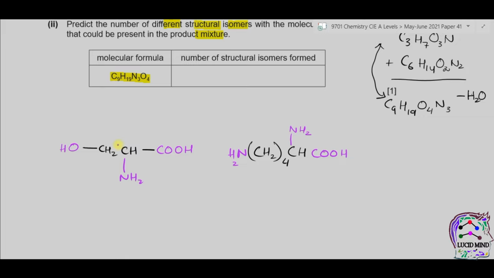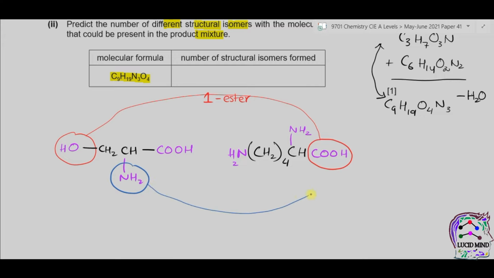So now we can see we have different functional groups. Let's look. First one is alcohol. Now this alcohol can react with carboxylic acid to form ester. Then we have NH2 group. NH2 can react with this carboxylic acid to form amide.